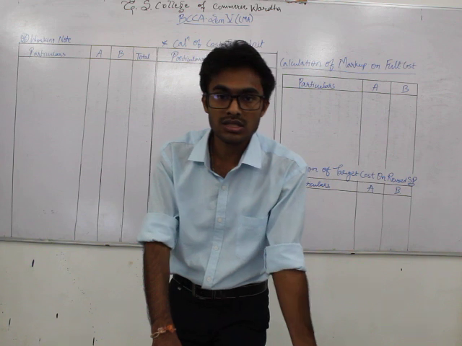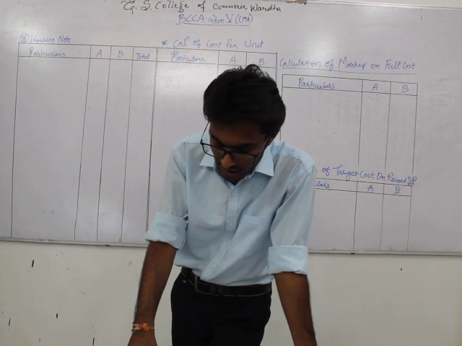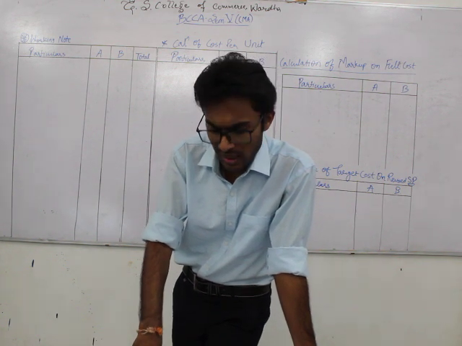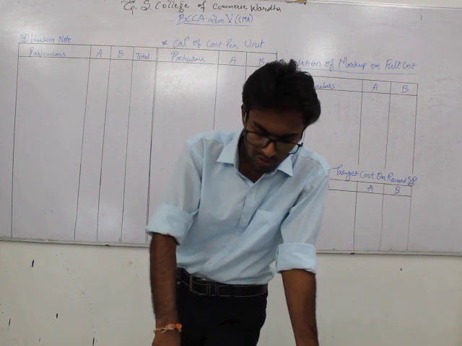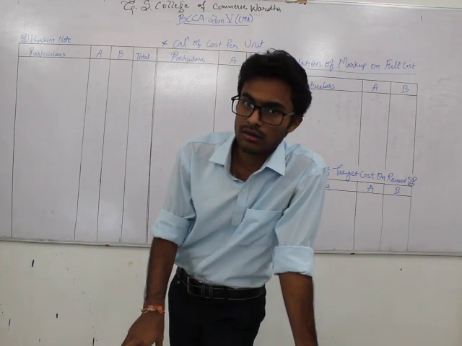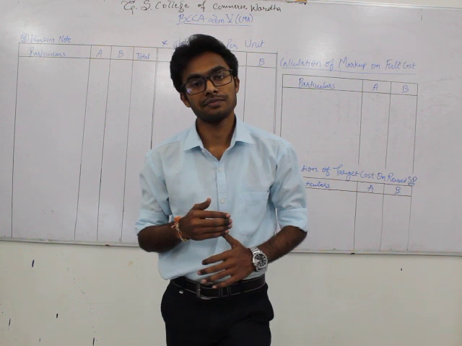So sub question 2 is saying that if we are going to reduce the price of component A and B to 9 per unit and 135 per unit, what should be the target cost then?